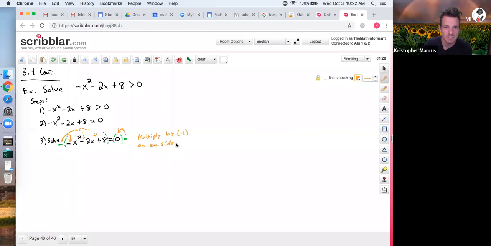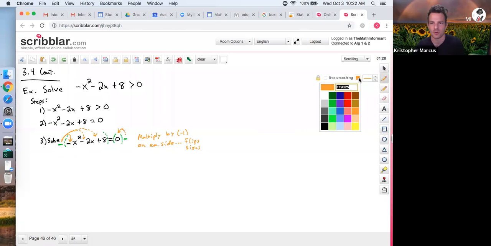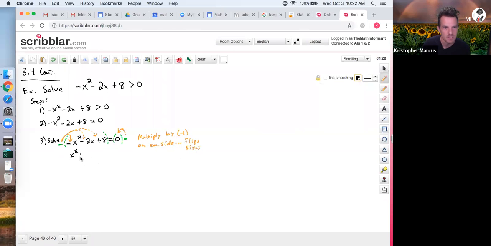What does it really do? All it does is flip the signs. So once you catch on to the pattern, you can just flip the signs. You don't need to write it out formally. The flipped signs are going to look like positive x squared, positive 2x, a -8, and the 0 stays the same. So that's the technique being used, but the result is that the signs get flipped.